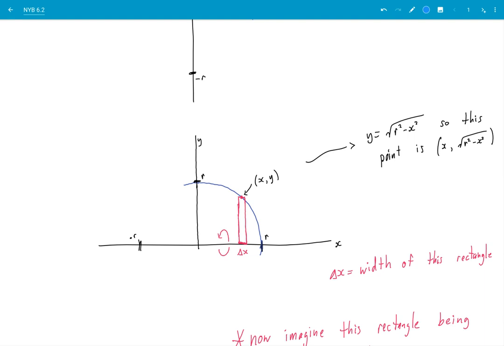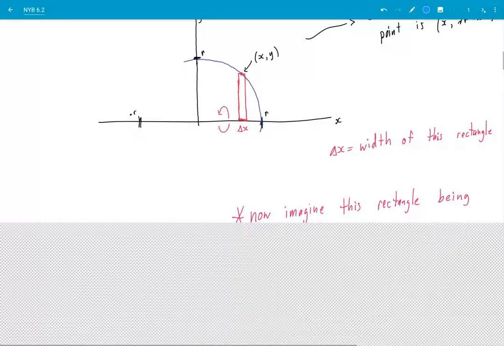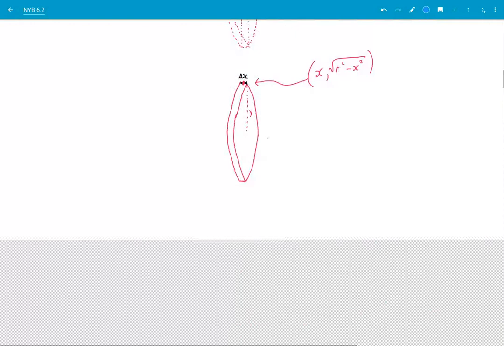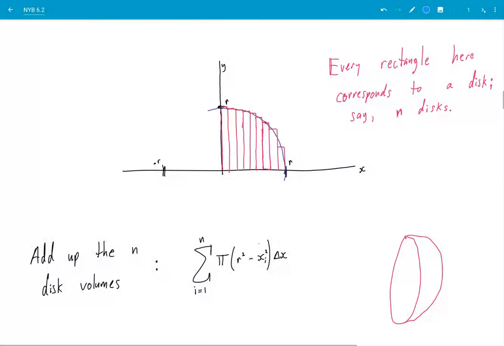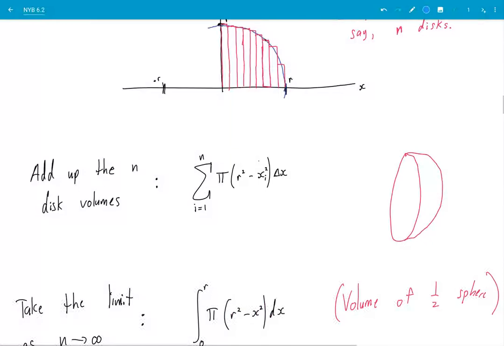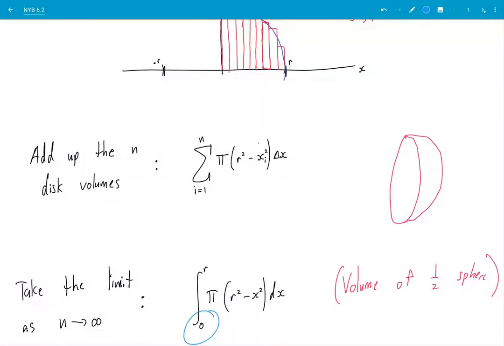As I move through that region, the x values go from x is 0 to x is r. For that reason, I end up with this integral from 0 to r.